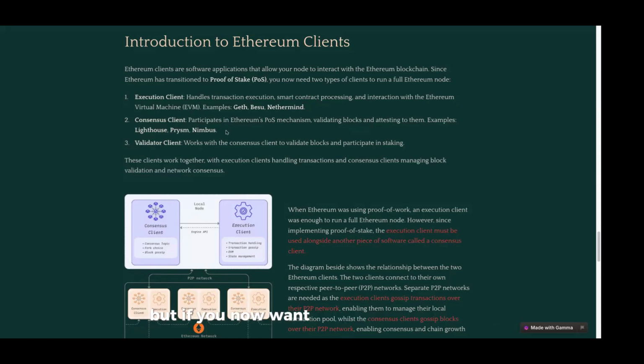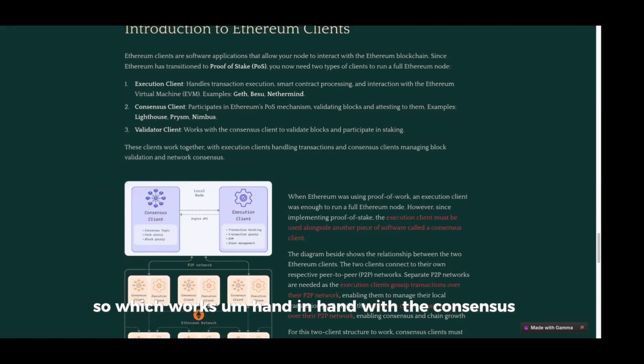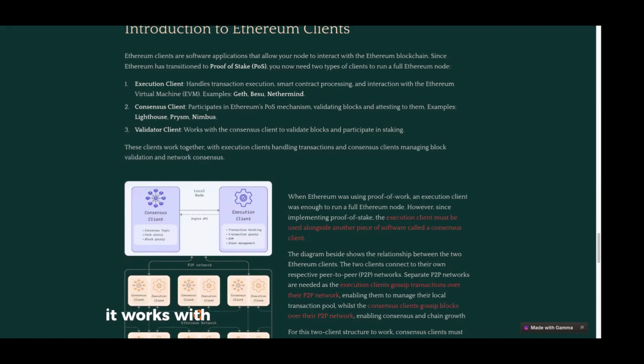But if you now want to run a validator node, then you need the validator client, which works hand in hand with the consensus client to validate blocks and participate in the staking.